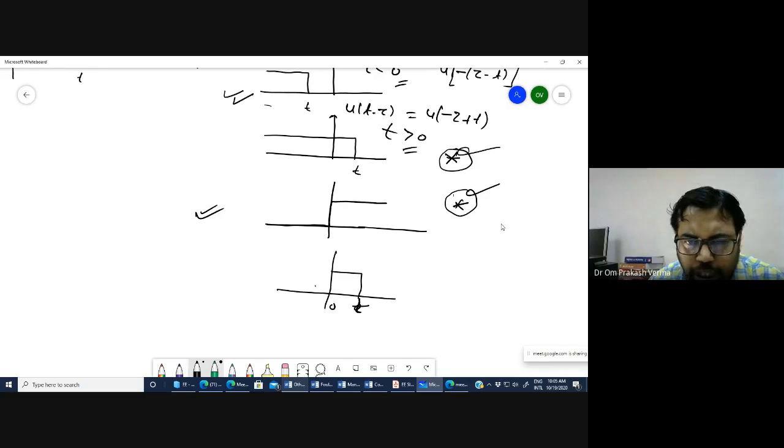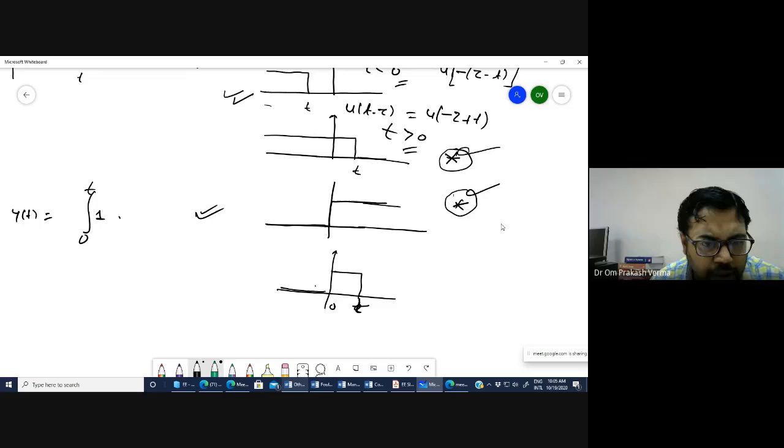Otherwise it is 0. Now what do you have to do? Nothing but take the integral from 0 to t of 1. That is what will come.